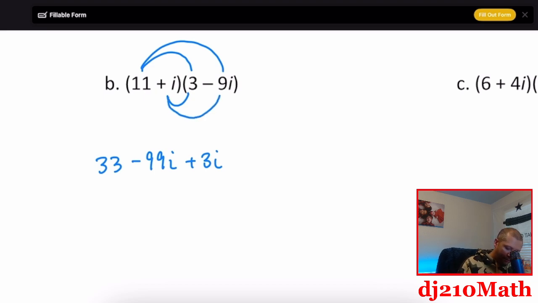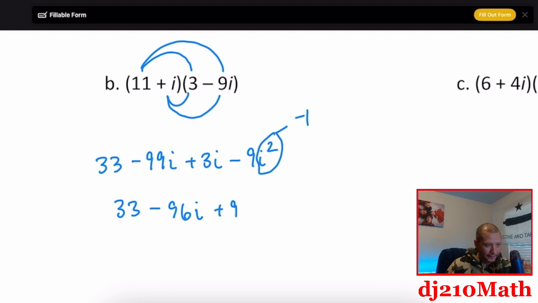This would be negative 9i squared, the last. Okay, combining what we know: negative 99 plus 3 is negative 96i. i squared is negative 1, so it's going to change it to plus 9. So 33 plus 9 is 42, minus 96i.